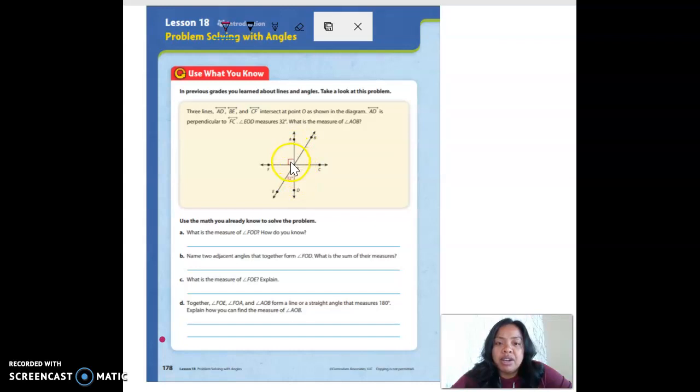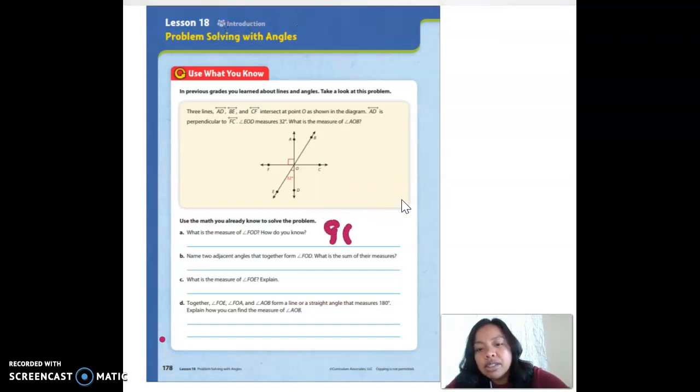That means they made 90 degrees. This is 90 degrees. That is also 90 degrees. So FOD here is also 90 degrees. So let's go ahead and write that in. My stylus is really big and giant, so it's really hard to write it small on here. So it's 90 degrees. Best that I can do.